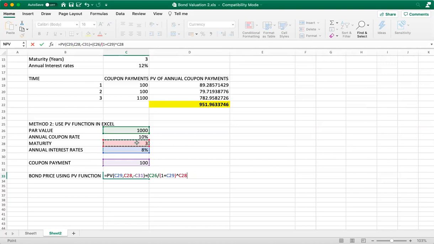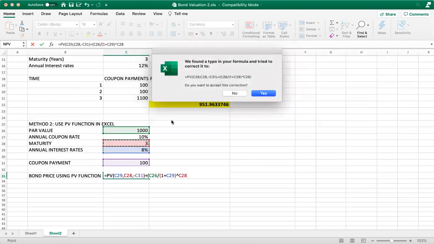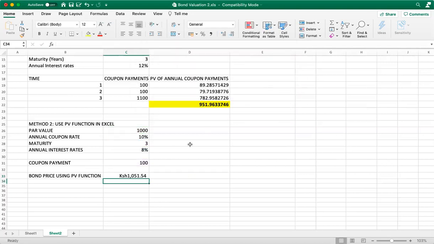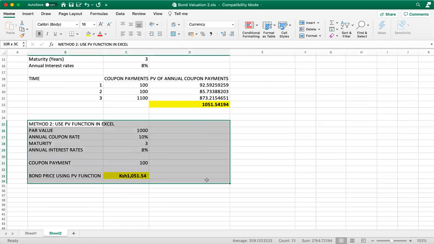So 1 plus R power 3, yeah. And it gives us 1051. 1051 is the same price we had when our interest rates were 8%. So you can see you have 1051, 1051. So both methods will give you the same answer.